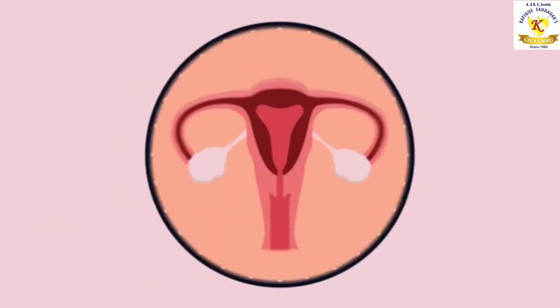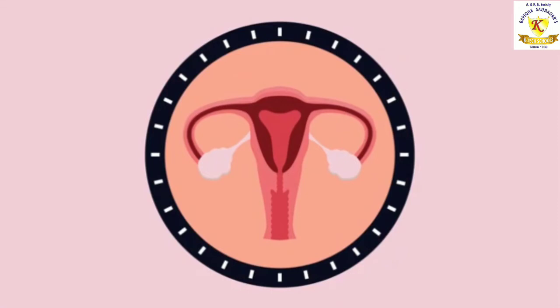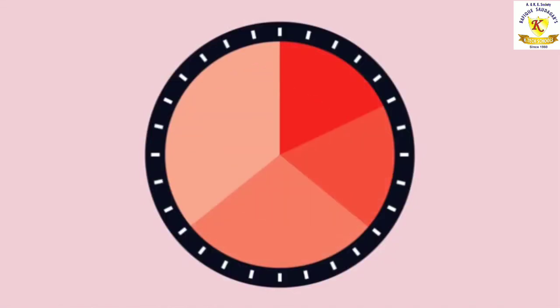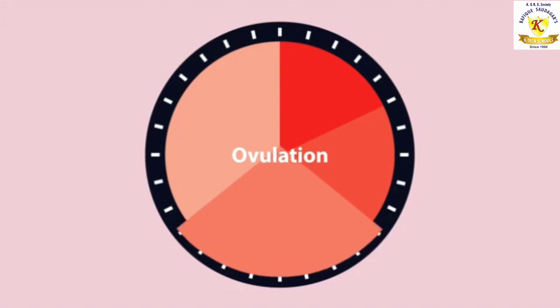The uterus lining, called the endometrium, is not needed and hence it breaks down and is lost through the vaginal canal with some blood.